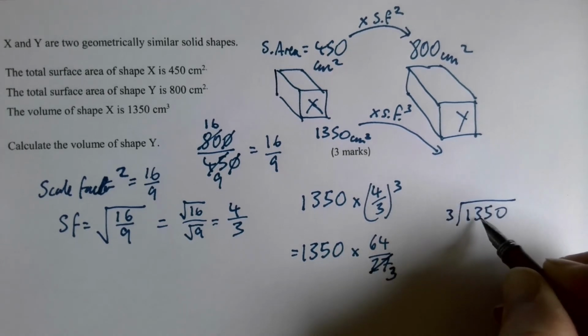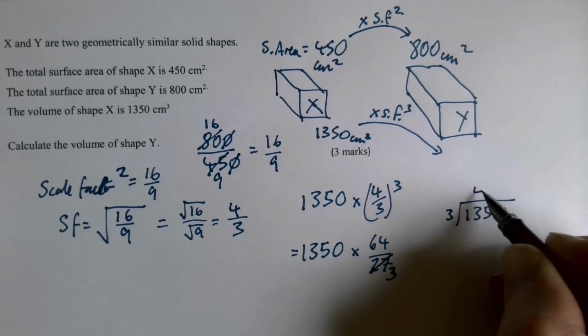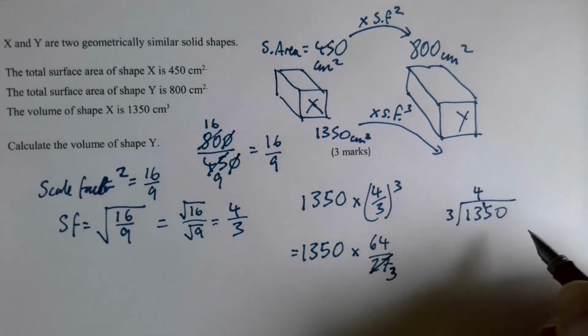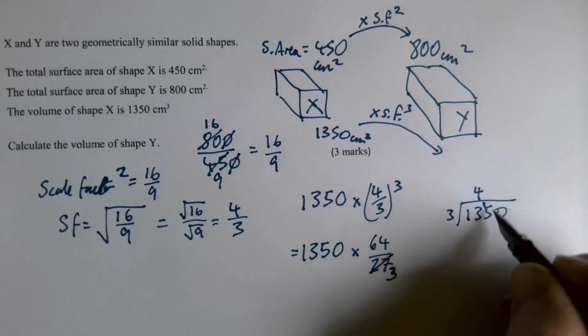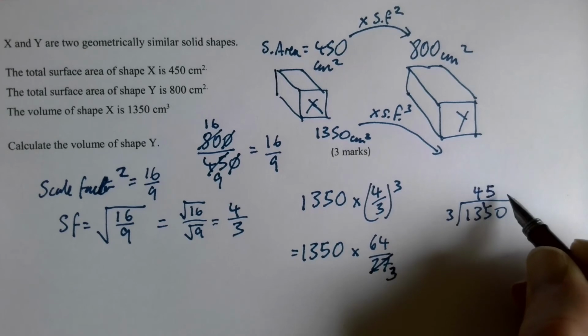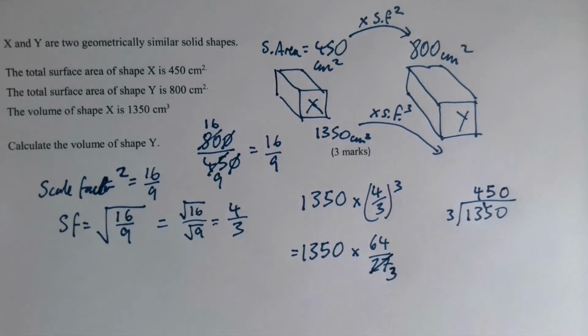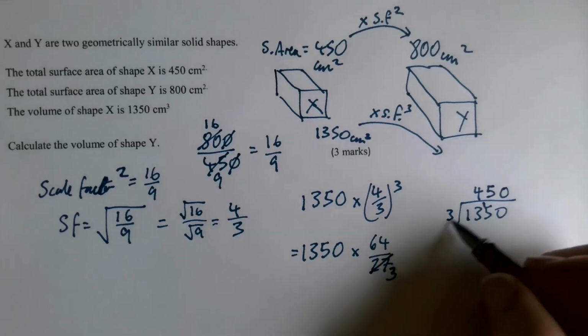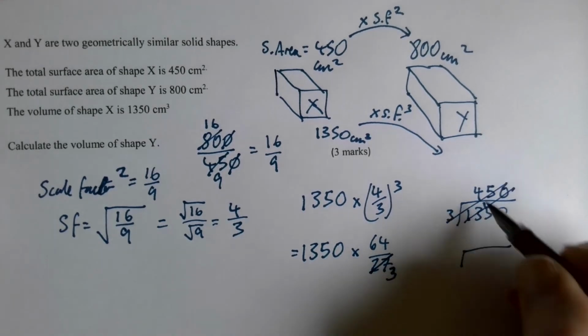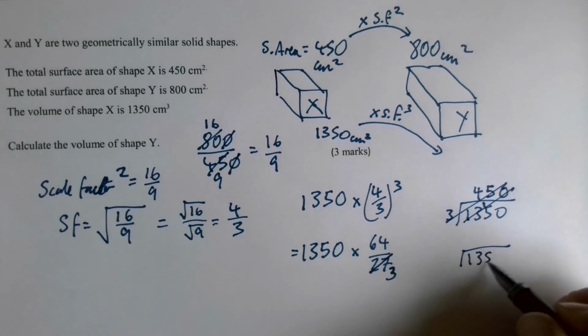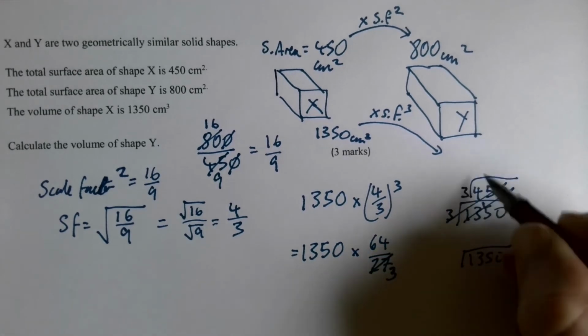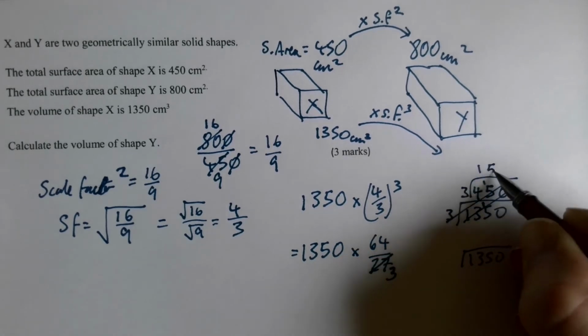3 doesn't go into 1. So into 13 it goes 4 times with 1 remainder. 3 into 15 goes exactly 5 times. So we've got 450. But I wanted to divide it by 9, so I could just do that again. Divide that by 3 and I get 150.